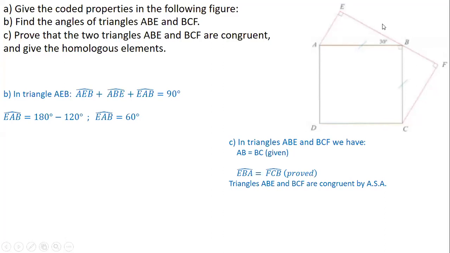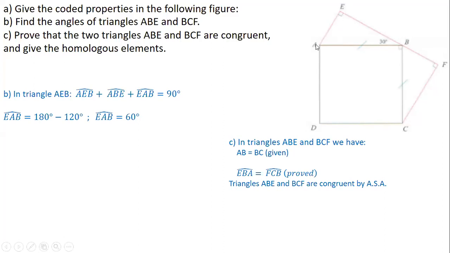Then I see in it what we have. In it we have side AB equal to BC. This is the second coded property. The third coded property is angle ABC is marked 90, so I write angle ABC is equal to 90 degrees. Now I look here, I see a triangle AEB.